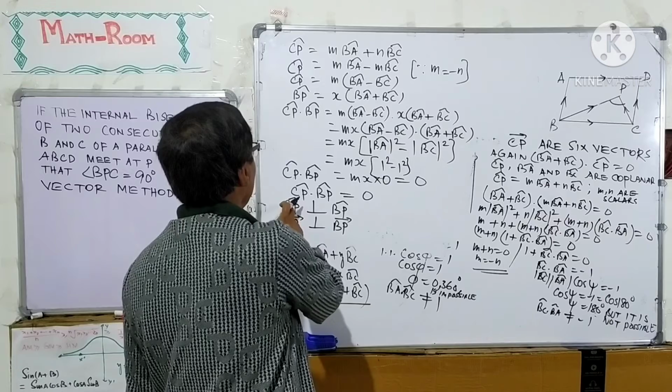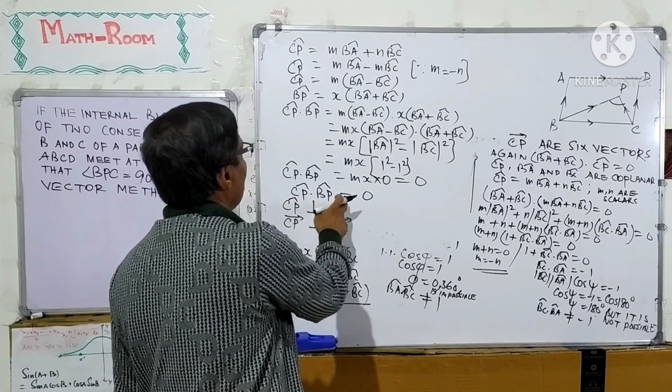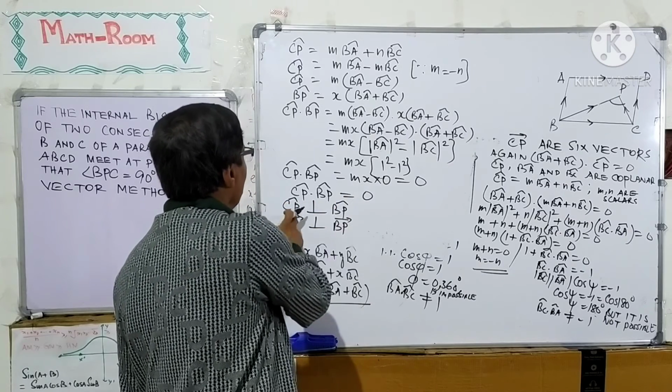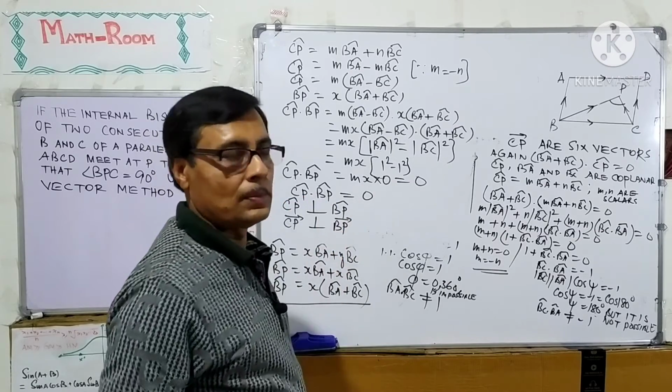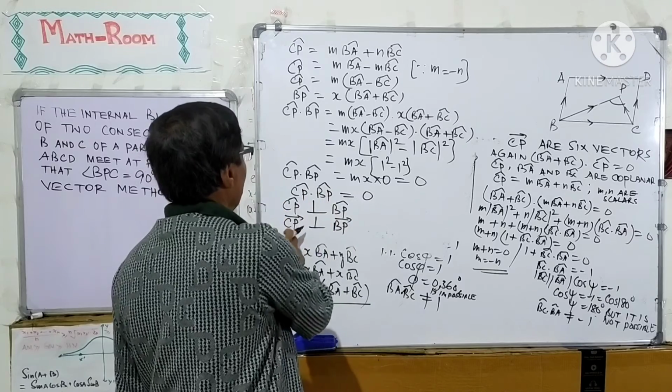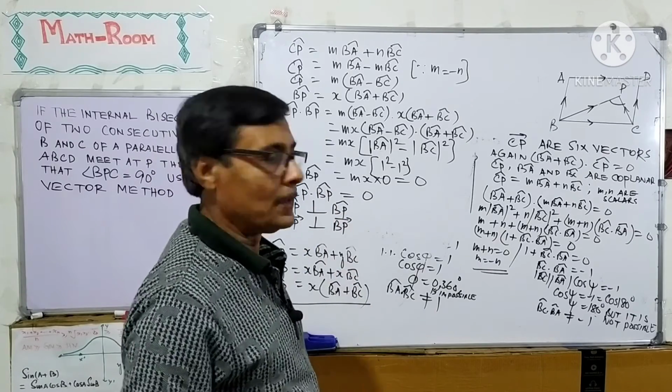So, CP cap perpendicular to BP cap means vector CP perpendicular to vector BP.